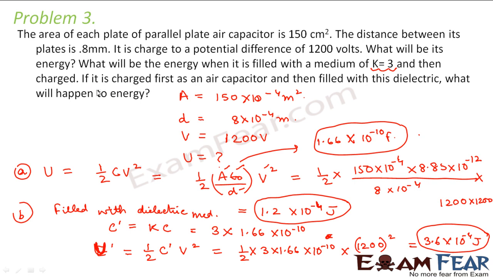Now there is a third part of the question, which says if it is charged first as an air capacitor and then filled with this dielectric, what will happen to the energy? That means during charging, the energy stored is as an air capacitor with no dielectric.